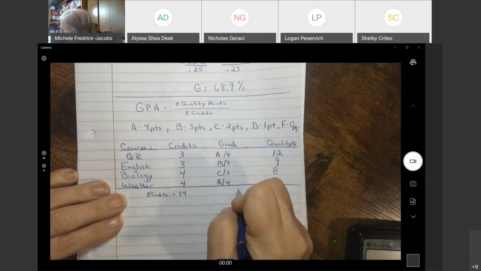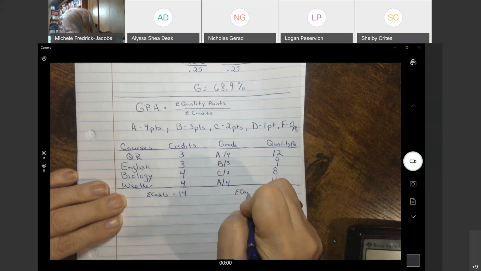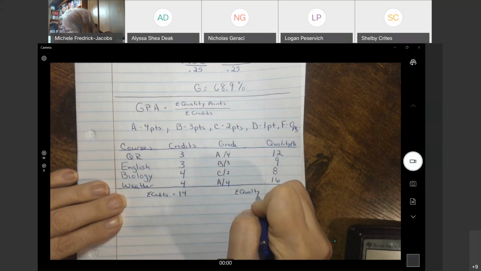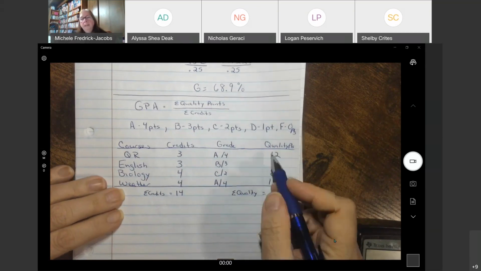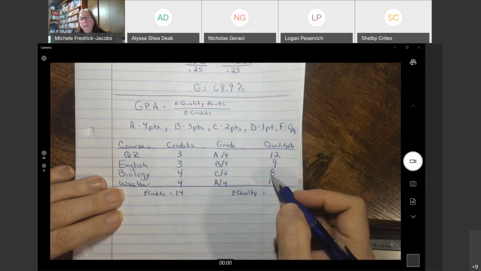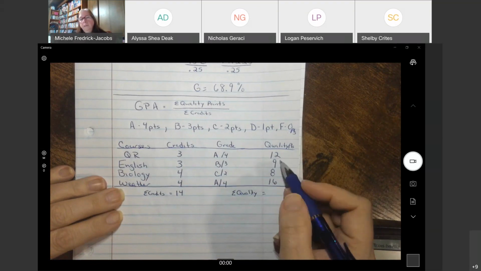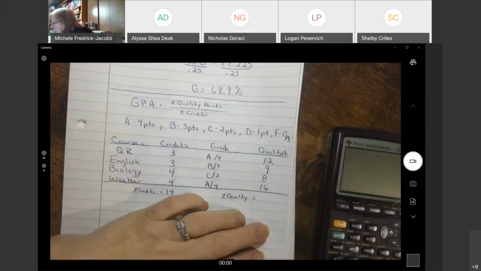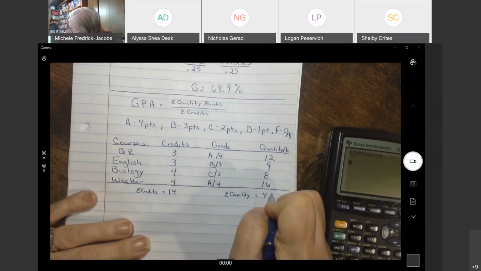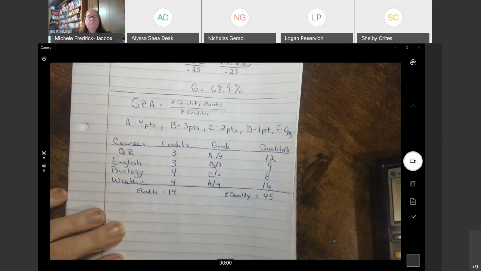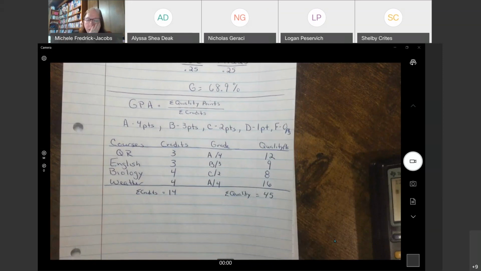This is our quality points. If we add these up, 10, 20, 30, 45. Any questions so far?